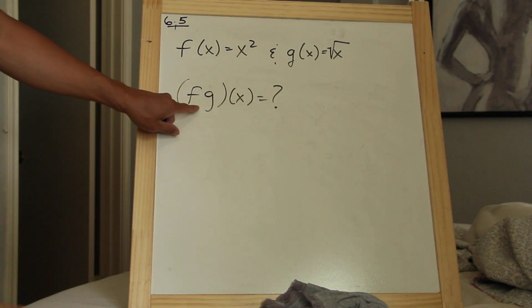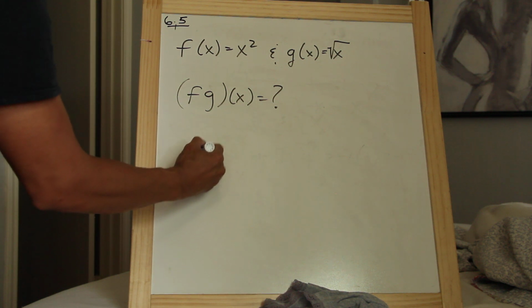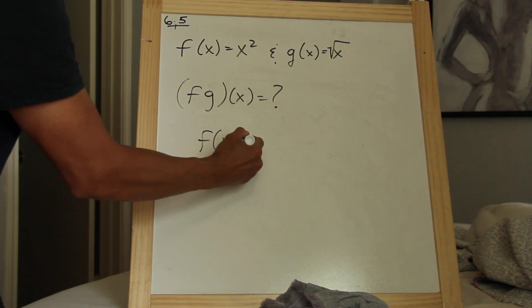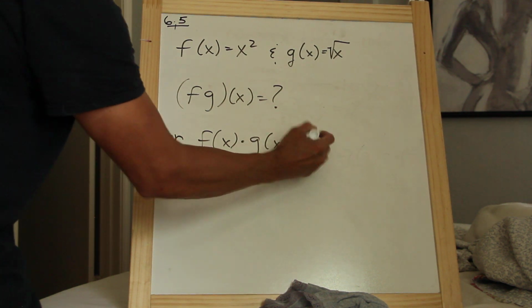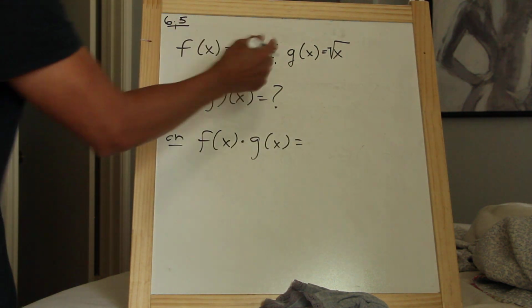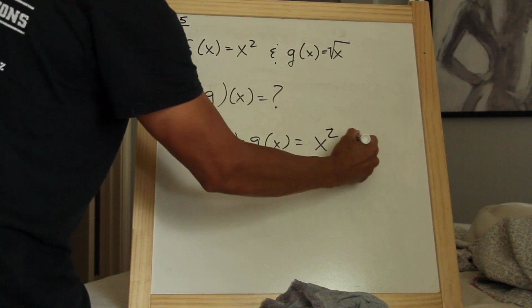When you see them together like this, f g of x, that's f of x times g of x. Then I'm basically just multiplying these two functions together: x squared times the square root of x.